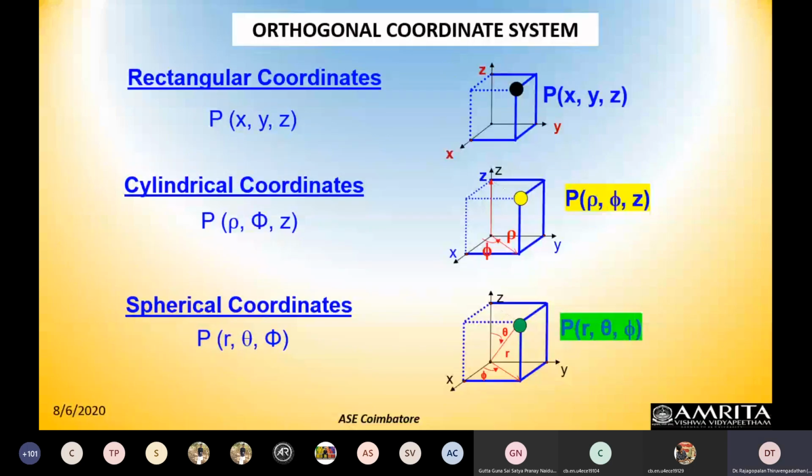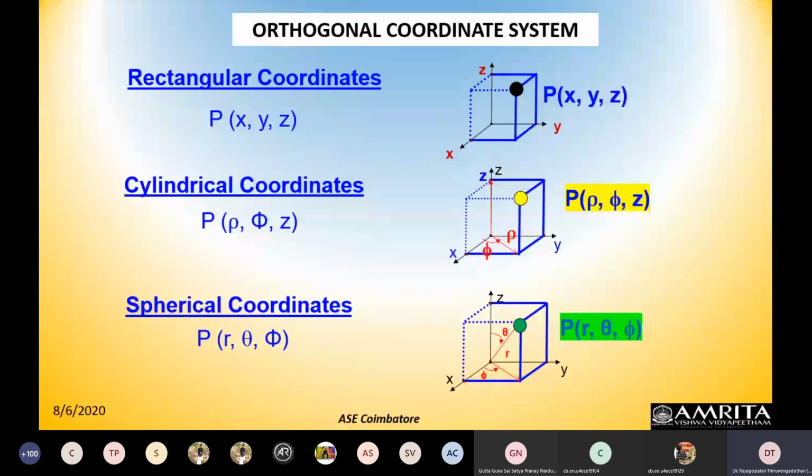So what are the coordinates in the spherical coordinate system? First of all, imagine a sphere. I want to reach any point on the sphere. I can move along the radial direction of the sphere, so that will be my first coordinate.